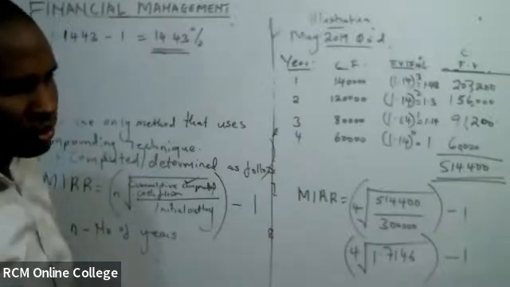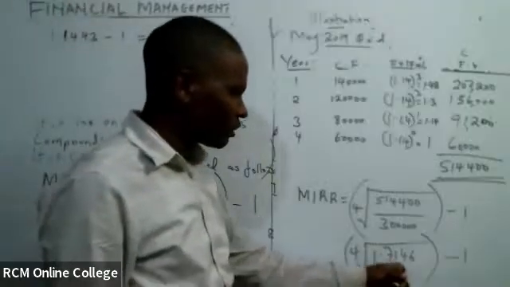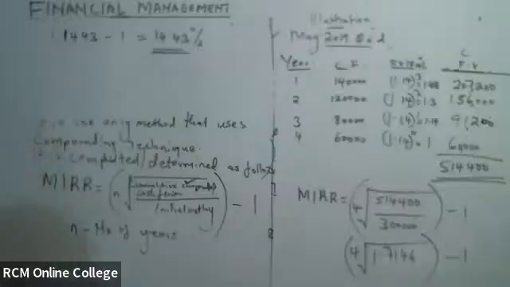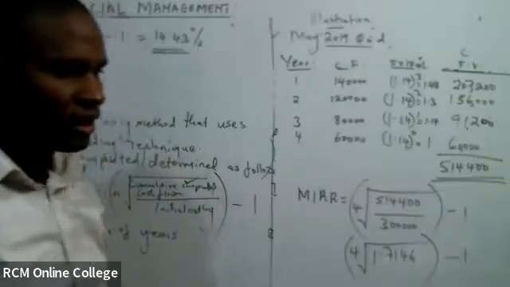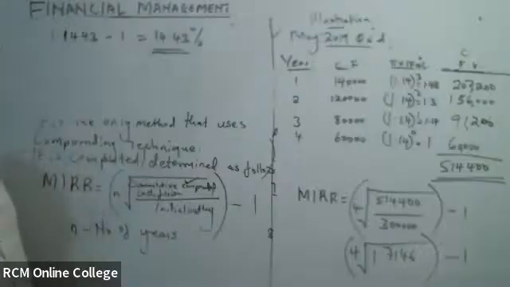Can you make sure that you are getting that? Grace gets 7147, which is fine. Now get the fourth root of that. Is there anybody who is not able to get the fourth root?